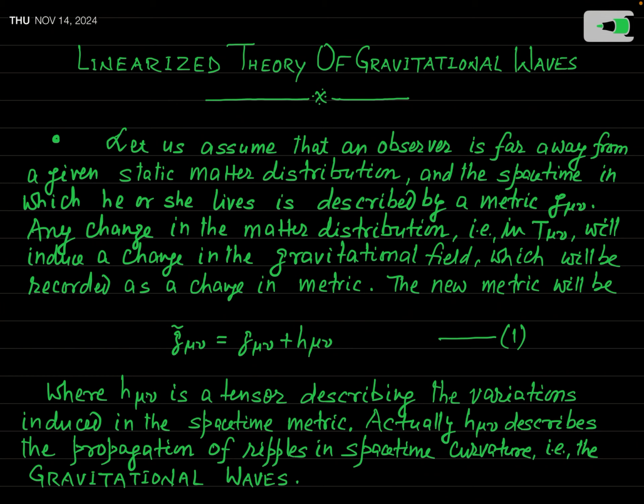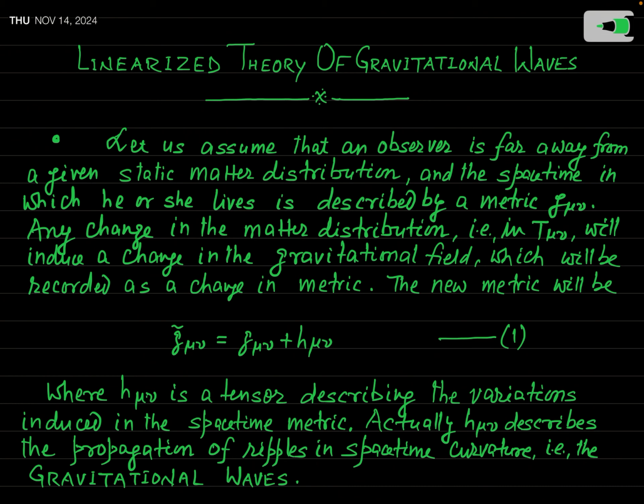But Einstein's field equation is a strongly non-linear differential equation, and if the equation is non-linear, its solution is not easy. It will be very hard to solve Einstein's equation to get the idea of gravitational waves.